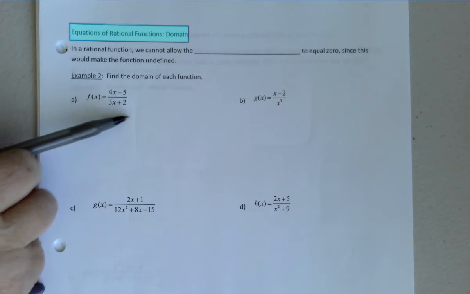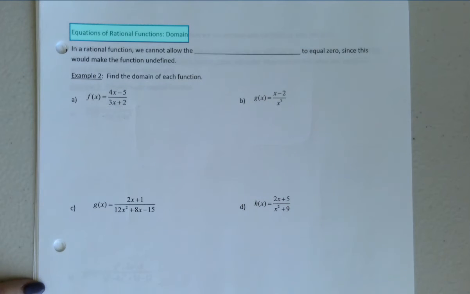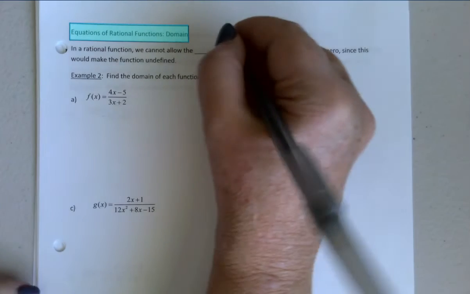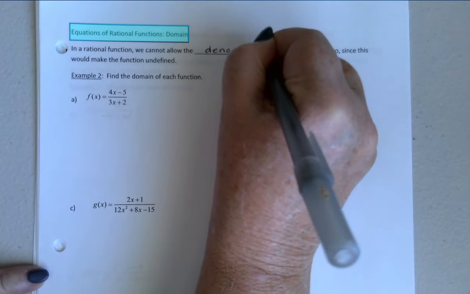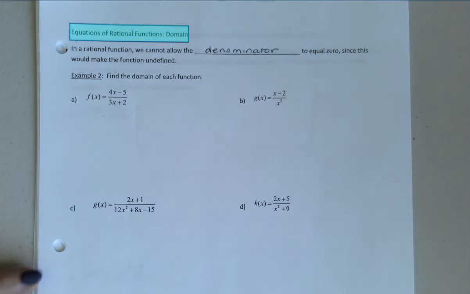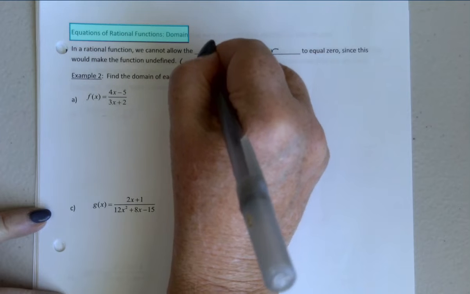So if I have an algebraic fraction, I can't allow the denominator to be 0 because that would indicate division by 0. So in any rational function, we cannot allow the denominator to equal 0. It would make the function undefined because we cannot divide by 0.